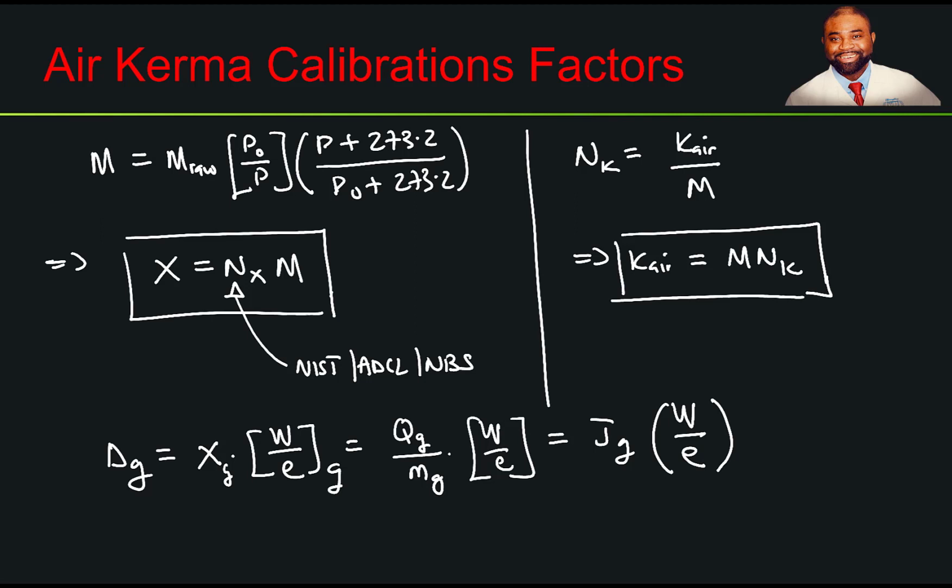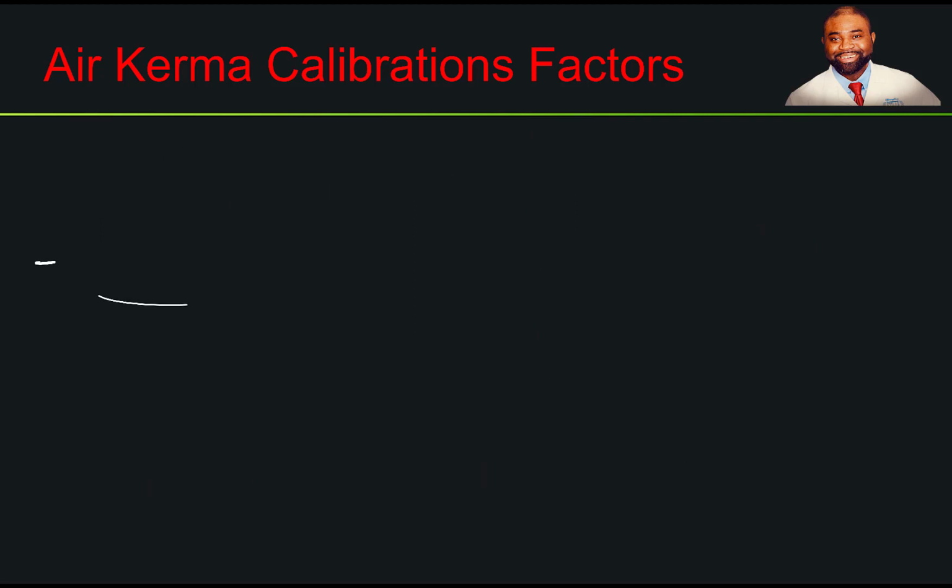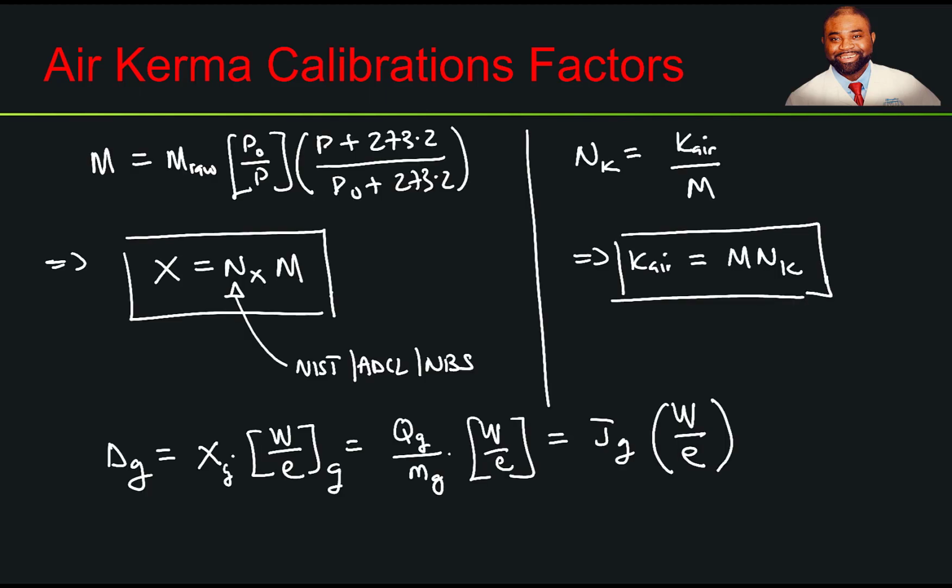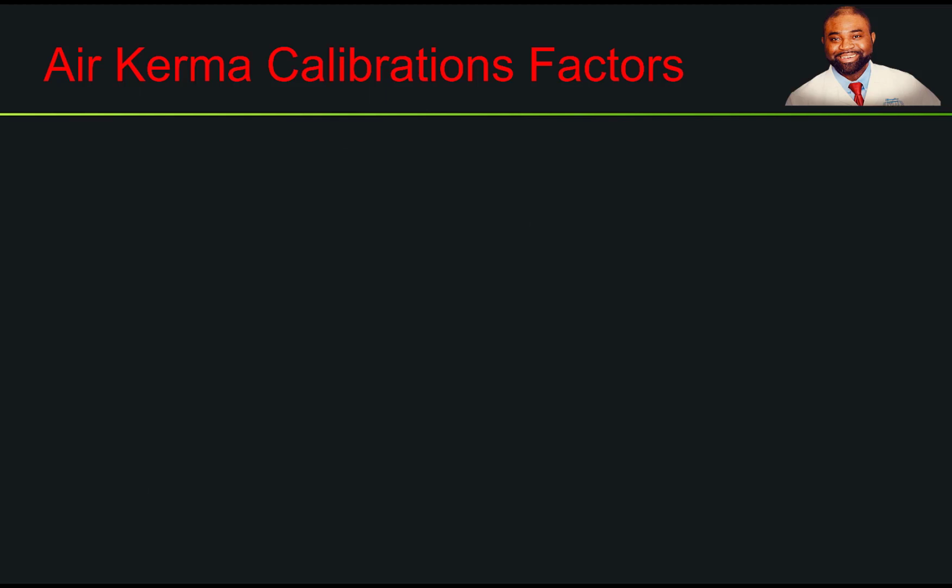Now, we can use the Spencer-Attix theorem to develop a more comprehensive relationship between these quantities. So follow with me. We know that D_gas is equal to D_gas, which is the same as D_wall divided by D_wall.